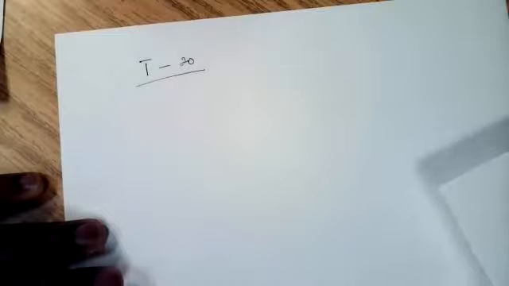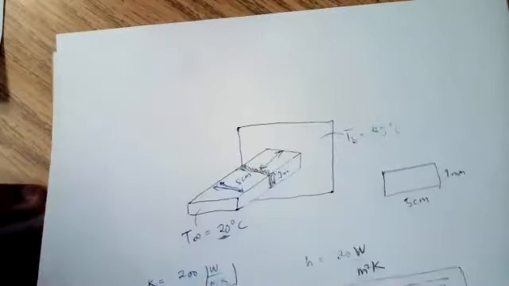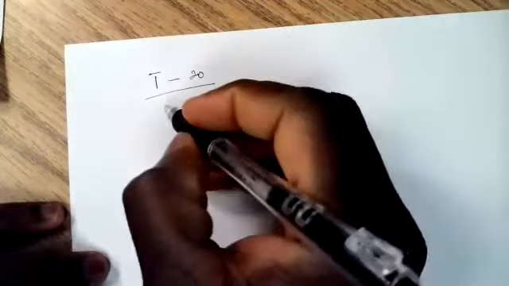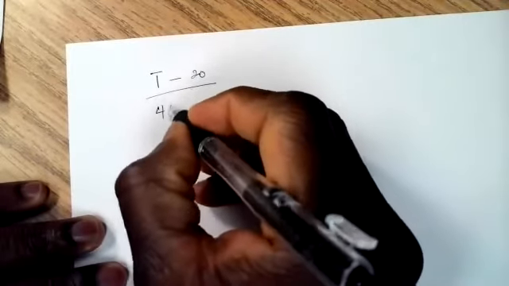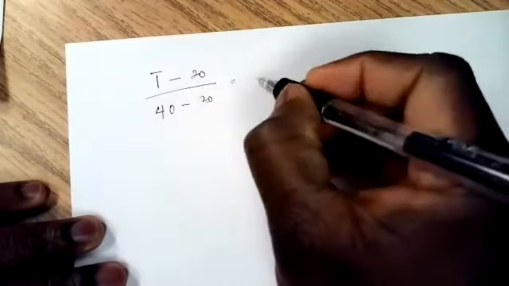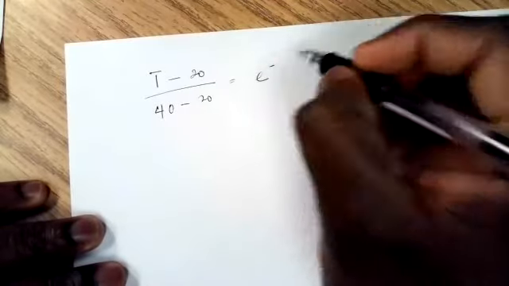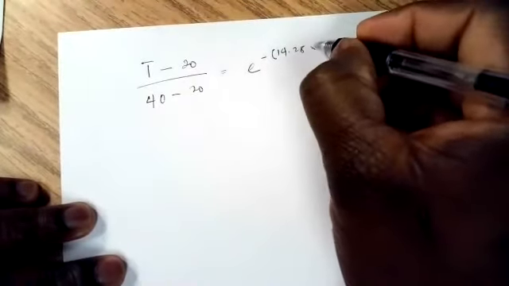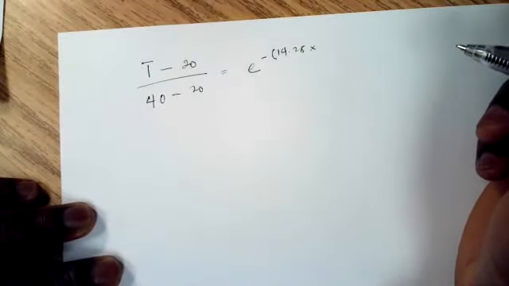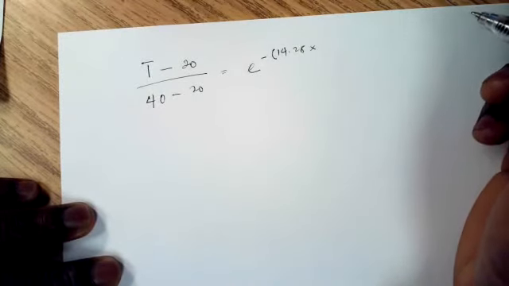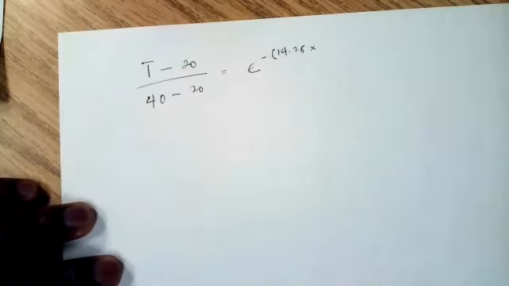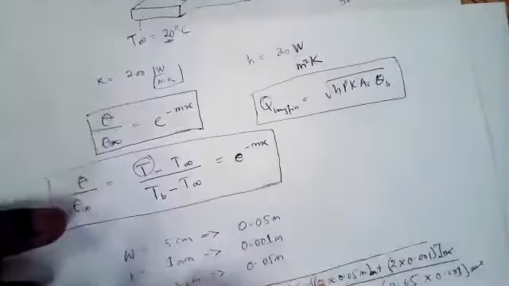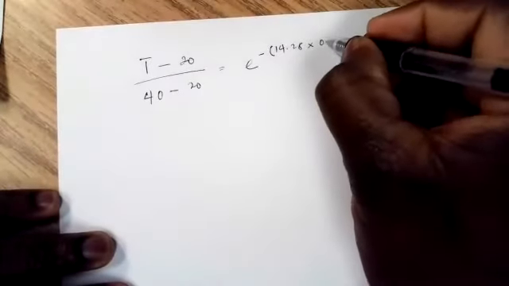So 20, and then the T for the base is 40 degrees. So 40 minus 20 exponential minus 14.28 multiplied by the distance that we're considering, which is 0.05.